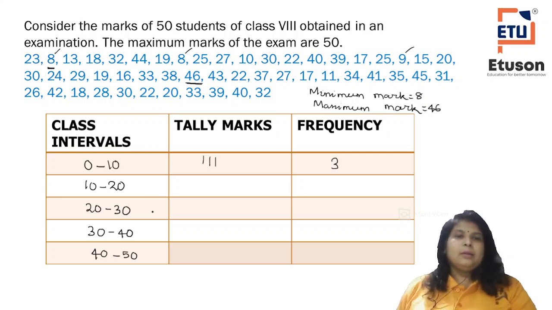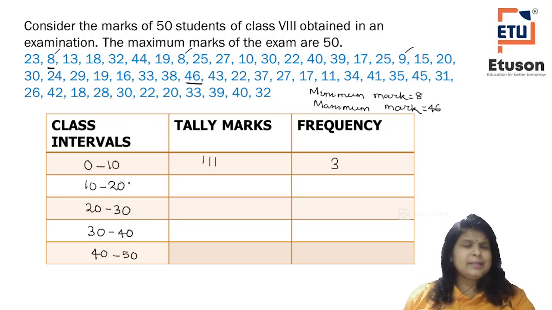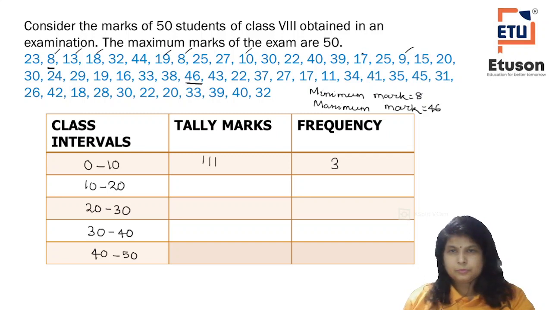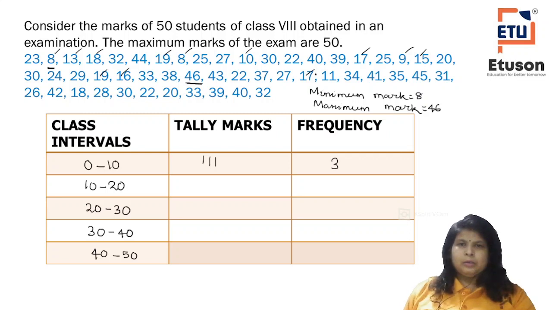Okay. Now the second interval, that is 10 to 20. So let us just take 13, 1, 2, 3. Now we can take 10, 4, 5, 6, 7, 8, 9, 10, and here there is 18, so 11.